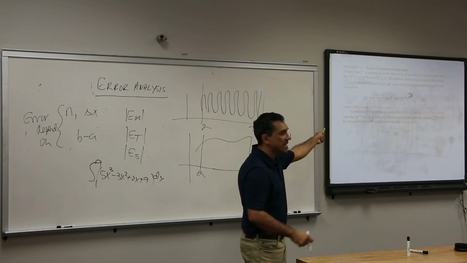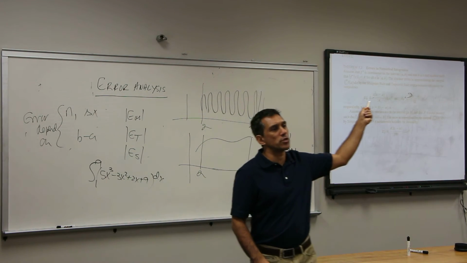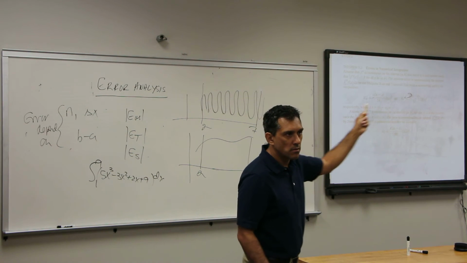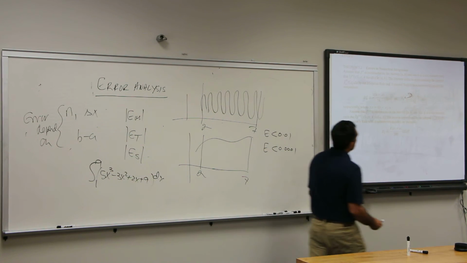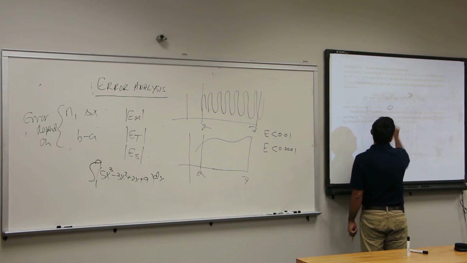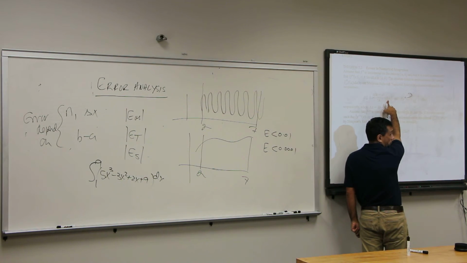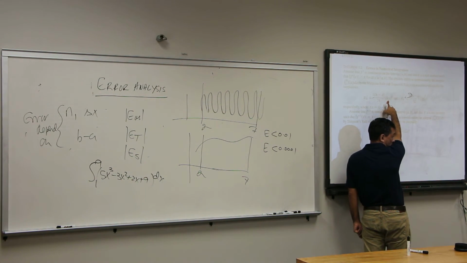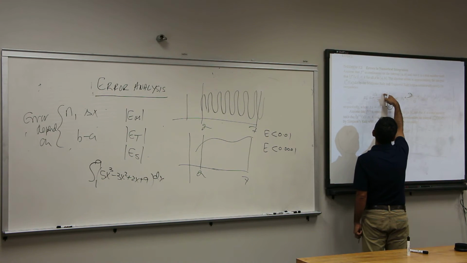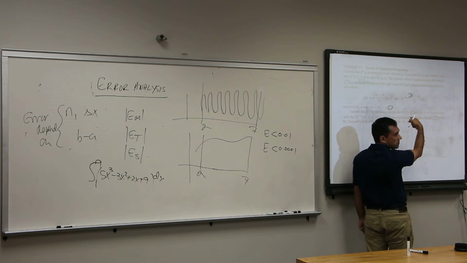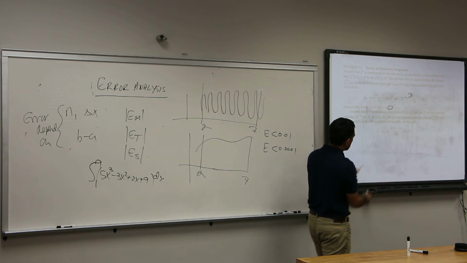This will answer exactly how many steps you need. That is to say, the n is coming in here. So you will put your error here, you will put your b minus a here, you will put your fourth derivative here, and you will try to solve these relationships.